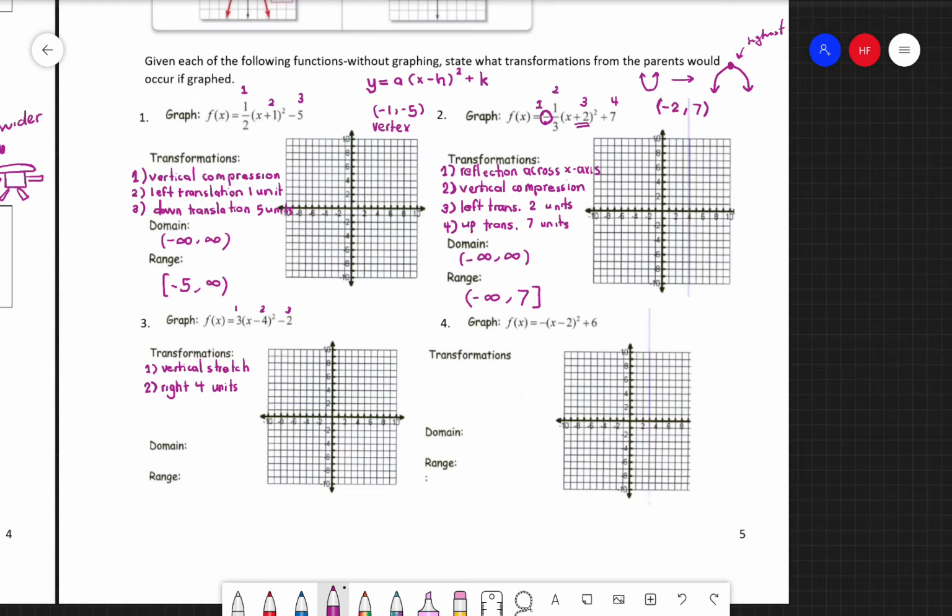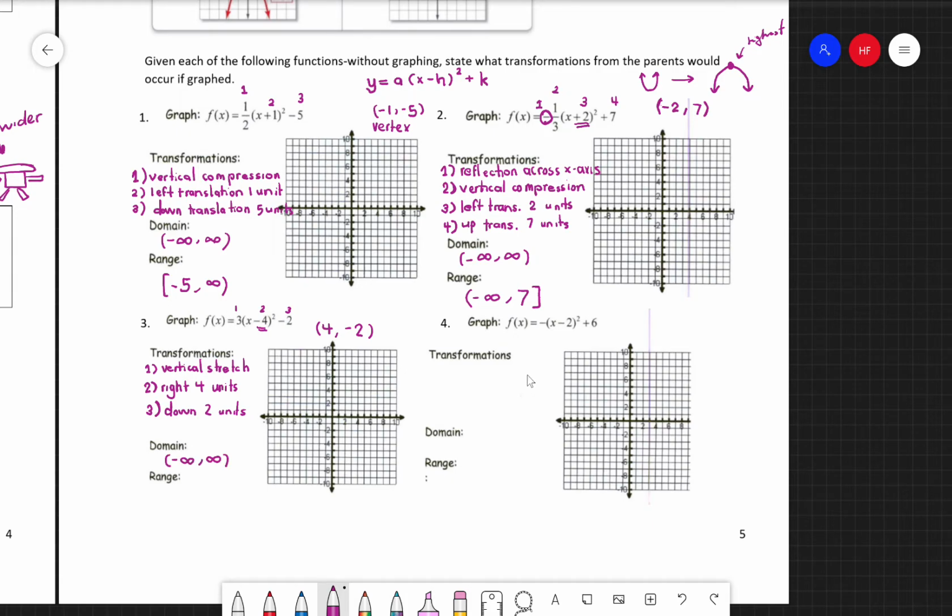And then -2 on the end there for the third transformation is going to move down 2 units. So my vertex now is the opposite here, so +4, and then the last part as it is, so (4, -2). Domain will not change.